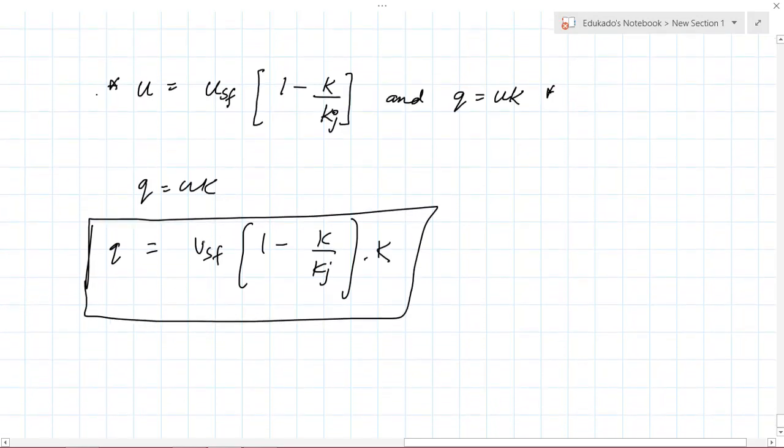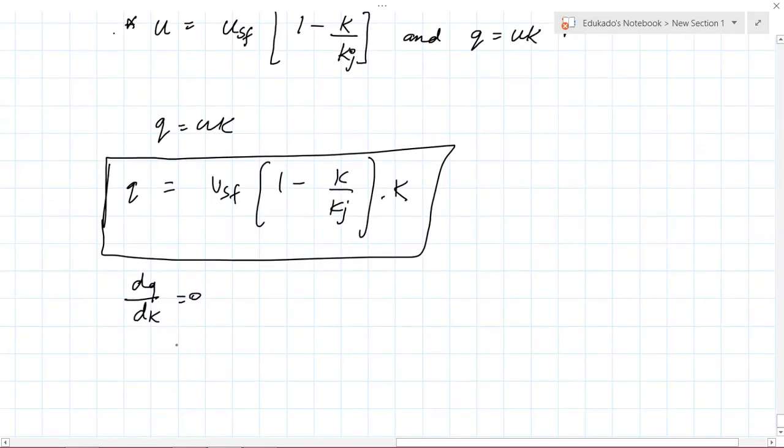Now you need to find the maximum Q. So for the maximum flow, you need to calculate dq by dk equals 0. You can differentiate it, and when you differentiate, you will get USF as it is. K will come inside, so it will be 1 minus, K will come inside and form K square.